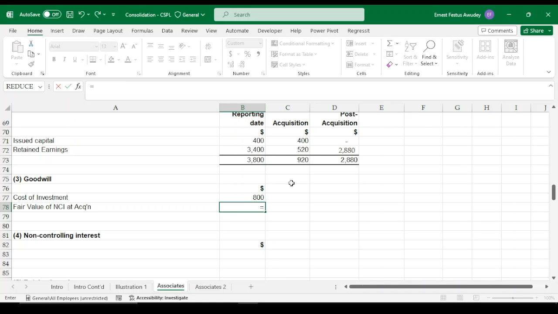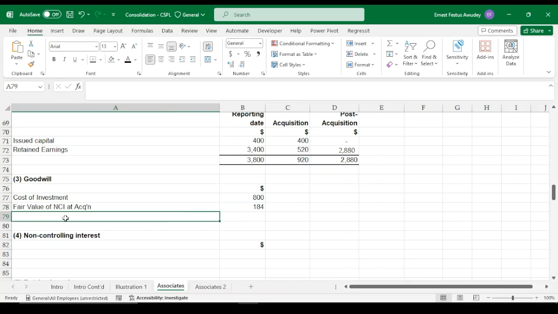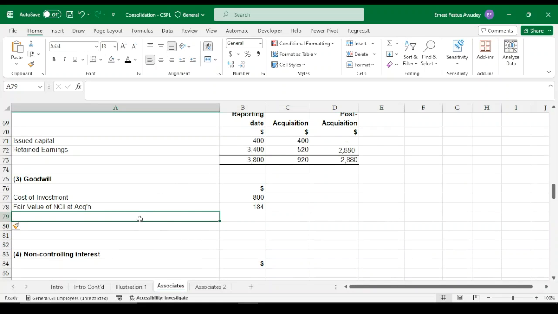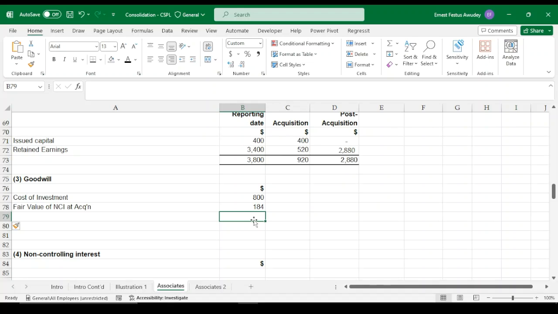So I'll have here 920, and then I'm going to multiply that by the NCI percentage, which is 20%. Let me just do it 0.2 right there. And so let me insert a couple of rows here. So after getting this figure, we can sum these two together. So we have 984. Let me insert a border there, tick border.